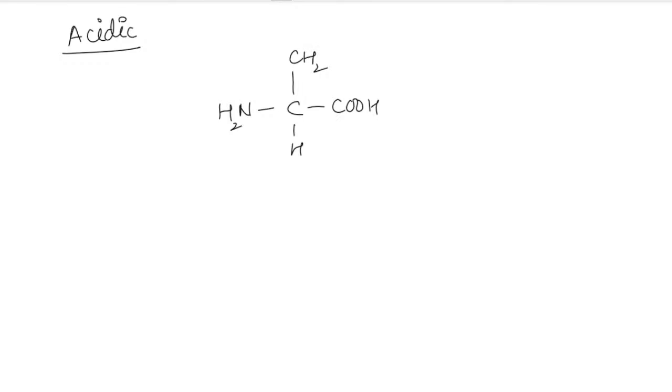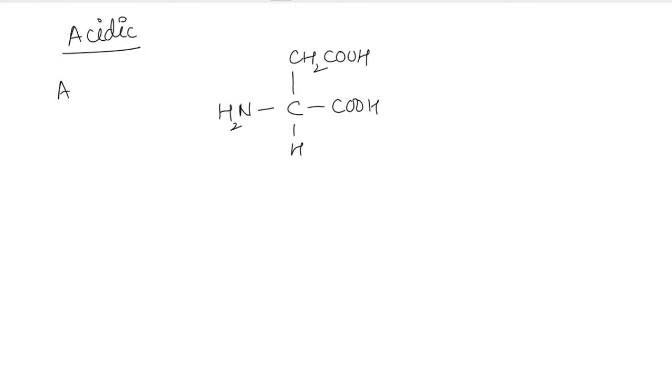Okay, now next one is acidic alpha amino acids. In acidic alpha amino acids, COH groups are more than NH2 groups. See, there is NH2, CH, COH. There is one NH2, one COH, but if it is like CH2 COH, meaning R group is CH2 COH, so there are two COH and one NH2.